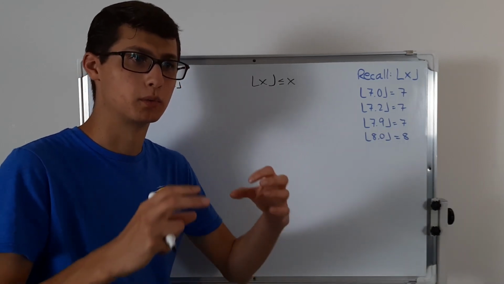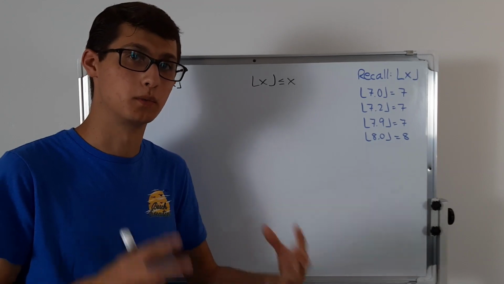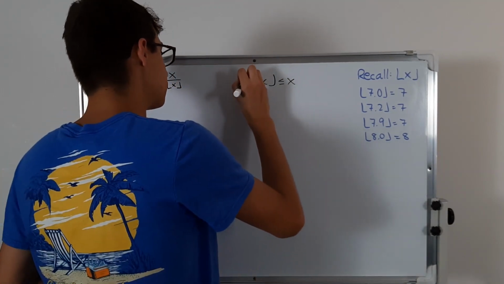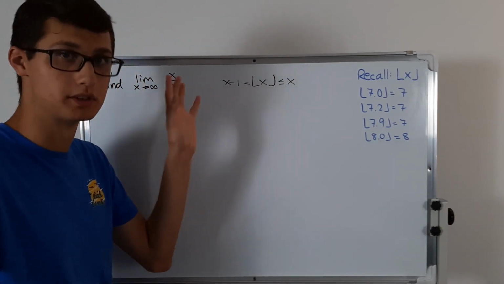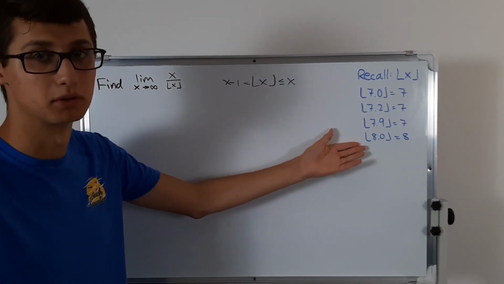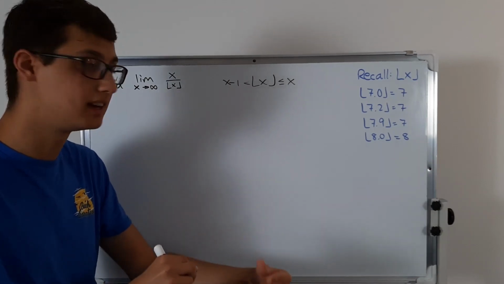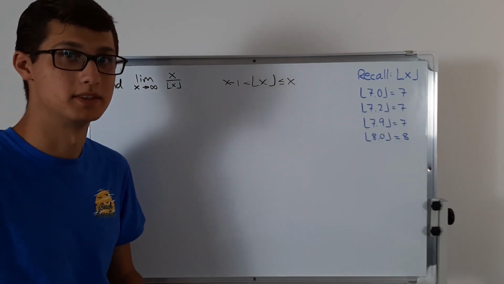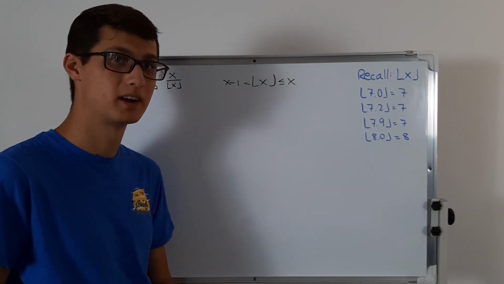So the difference between x and the floor of x is not going to be greater than 1. So we can just think here that it's going to be less than x minus 1. Not less than or equal to, just less than, because again, the floor of 8 is 8. But anything less than 8 is going to round down to 7. So that's our little inequality here.